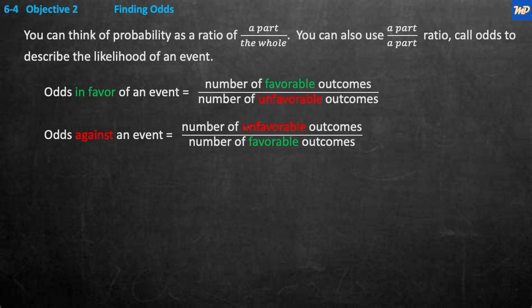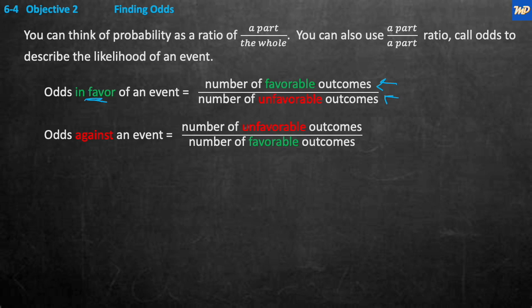So what is the odds in favor of an event? Odds in favor of an event are the number of favorable events divided by the number of unfavorable events. So when we go back to the dice, how many times can you get a 1?